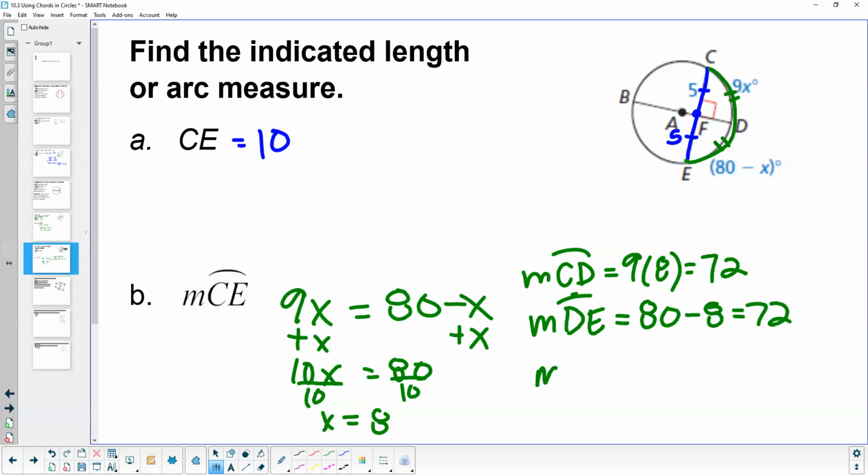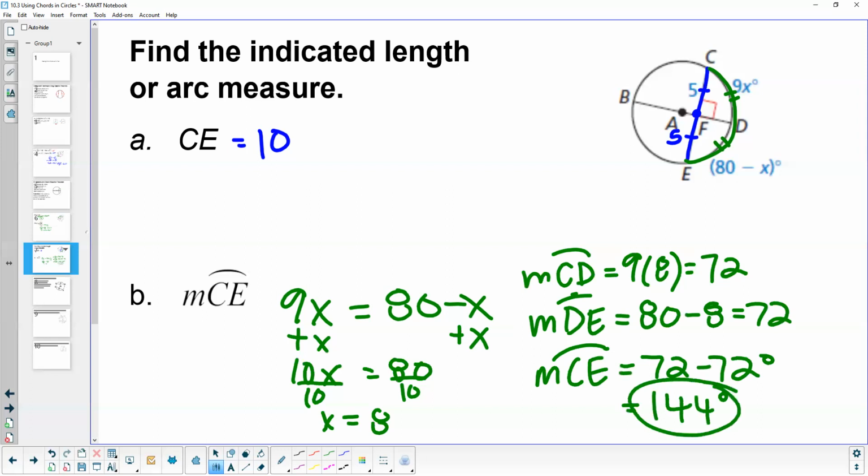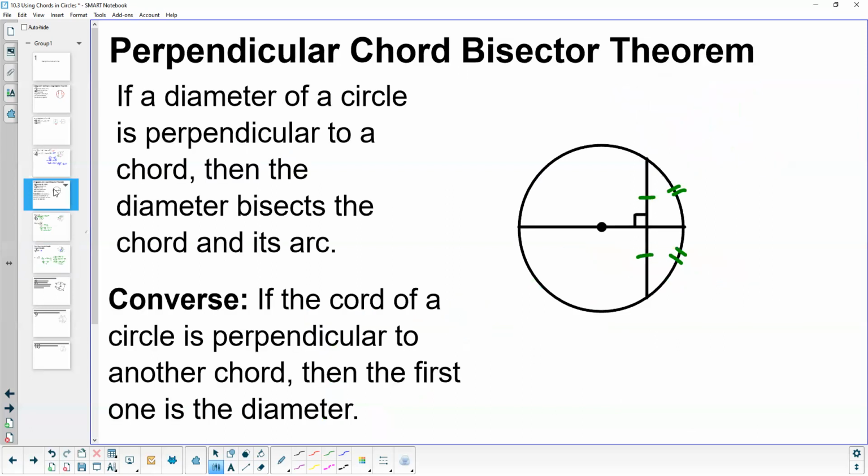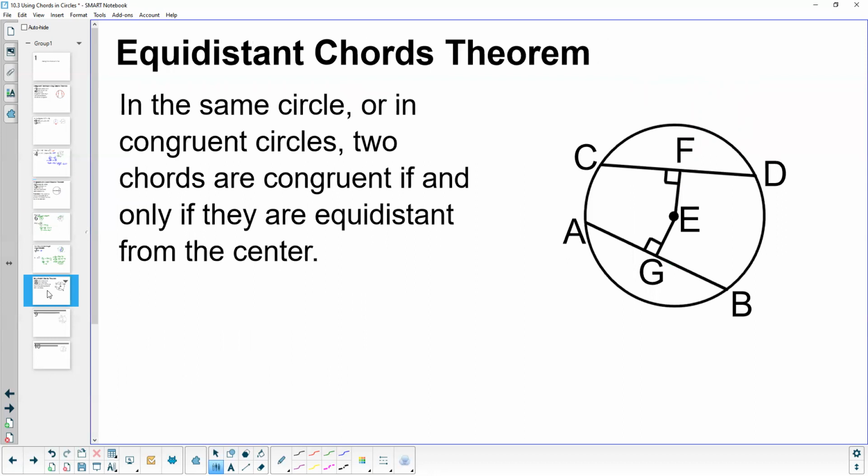So then the measure of arc CE, which is the whole thing, we talked about in a previous video about the arc addition postulate that says I can add one to the other. So we've got 72 degrees plus 72 degrees, which ends up giving us 144 degrees for that arc as well. Okay, so that is how we can apply the perpendicular chord bisector theorem as well as its converse. Now we're going to talk about one last theorem here.